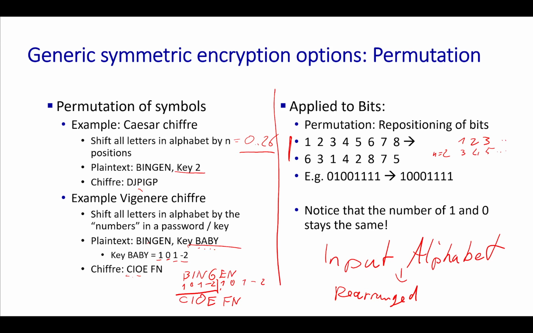And with Vigenère, it's character-wise, but it's still permutation. So this is option number 1 for symmetric encryption. Basically, you have an input, you apply some kind of permutation on it, and at the end you have scrambled the output.